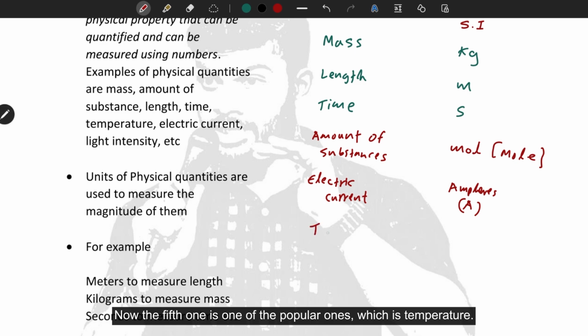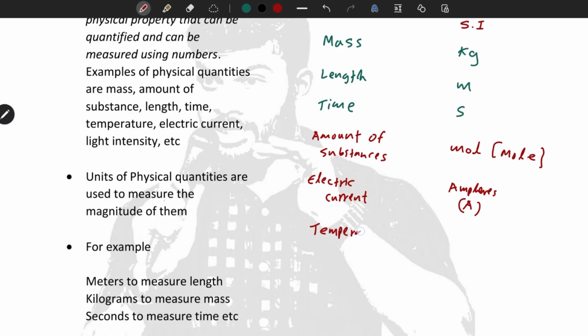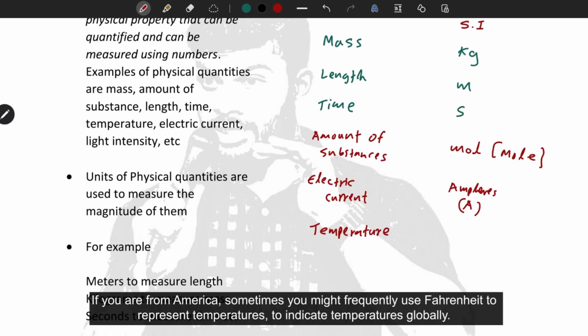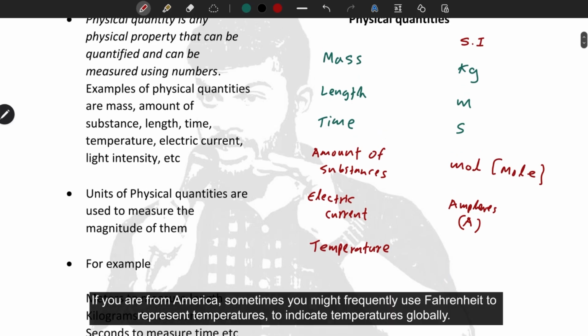Now, the fifth one is one of the popular ones, which is temperature. If you're from America, sometimes you might frequently use Fahrenheit to indicate temperatures.